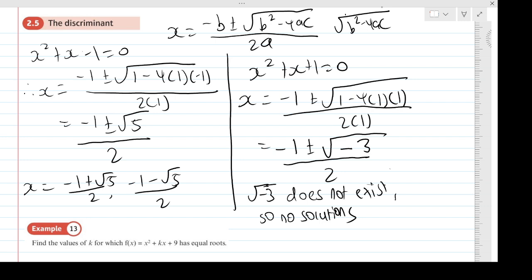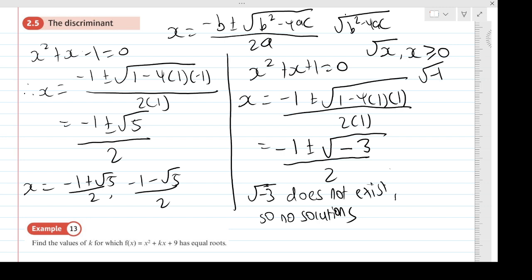A square root only works when the number is at least 0. If you have a negative under the square root, like root minus 1, that can't happen.